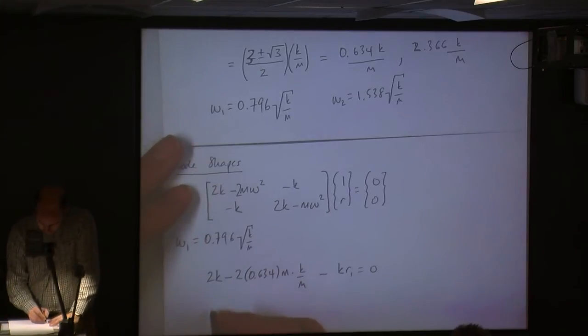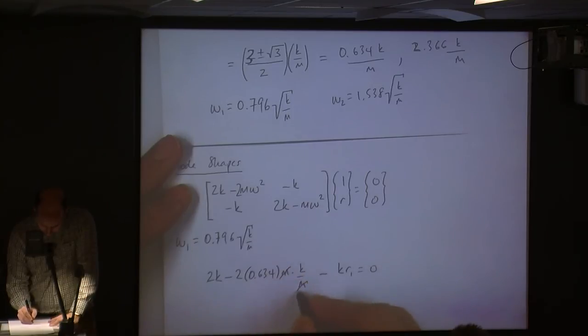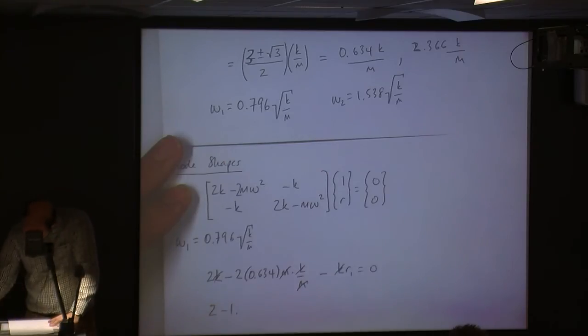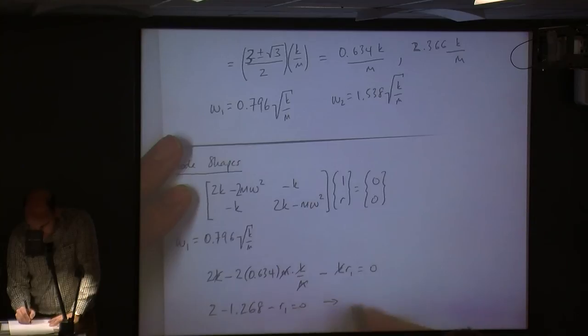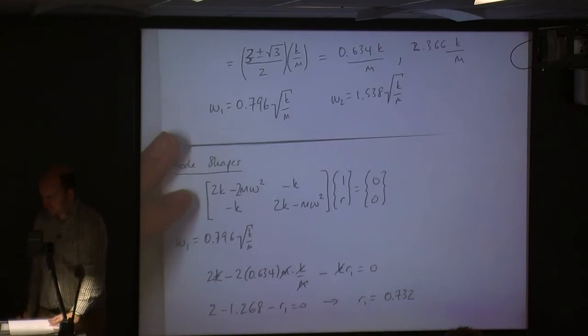So the m's cancel, and the k's cancel out with each other. We end up with 2 minus 1.268 minus R1 equals 0. Therefore R1 must be 0.732.